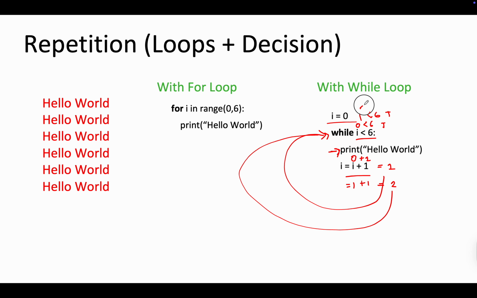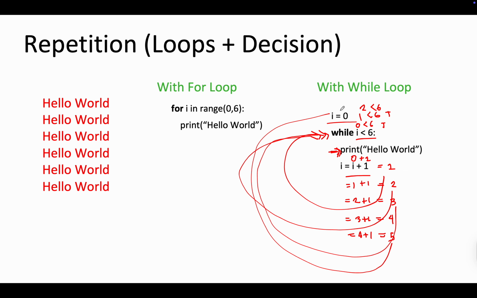So this time my I is 2. Is it still less than 6? Yes, so I print again hello world, and this time 2 add 1, so it becomes 3, and I check again until we reach, let's say, 5. So we have here 3 plus 1 will be 4, and repeat again, 4 plus 1 equals 5.